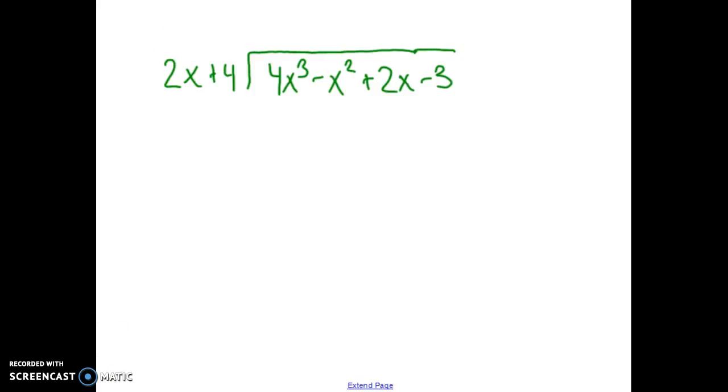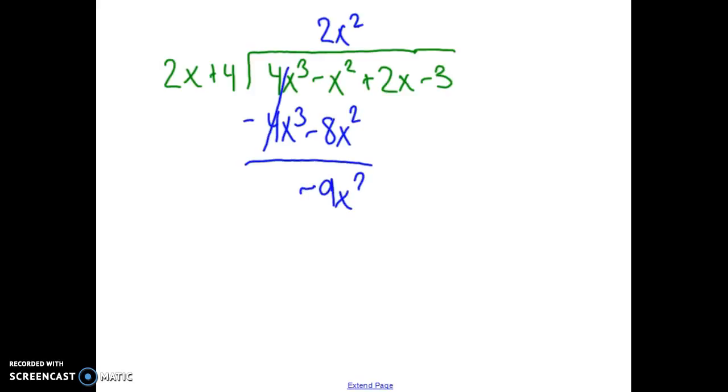First, I would multiply by 2x squared, because that gives me 4x cubed. I get positive 8x squared. Change both these signs to a negative, subtract, and I bring everything else down. Now I'm going to, oh, that's a really bad one, sorry.